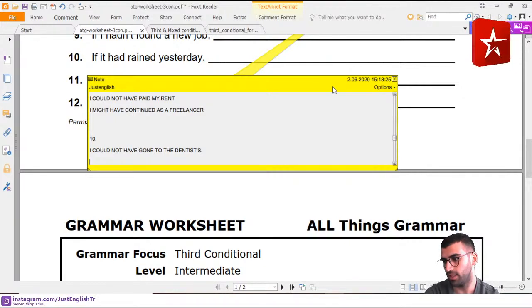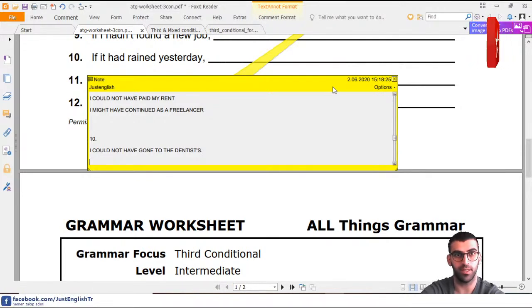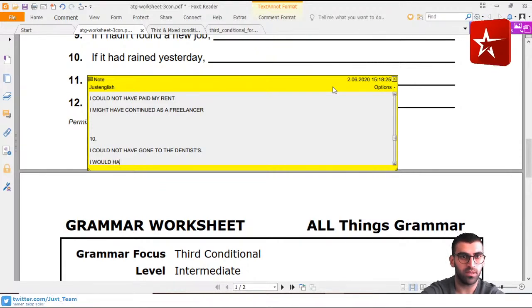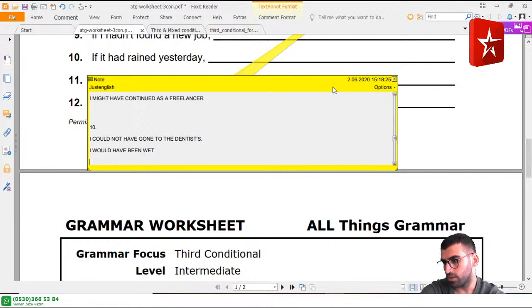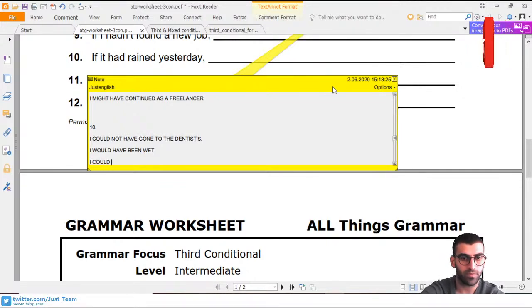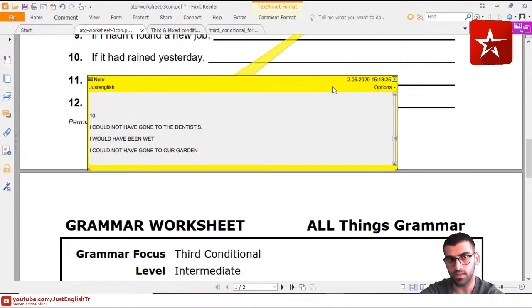If it had rained yesterday, I would have been wet. That's the correct answer. I couldn't have gone to our garden. That is the correct answer.